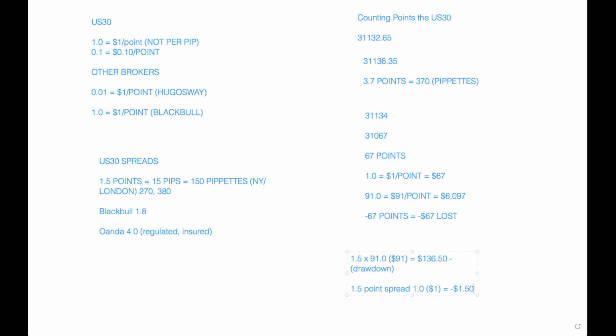Okay, so my point is that every trade you take, you're going to start in the negative because that's how the broker makes their money. They put you in the trade a little bit less than current market price, so that's where they make their money from. So just be aware of that.